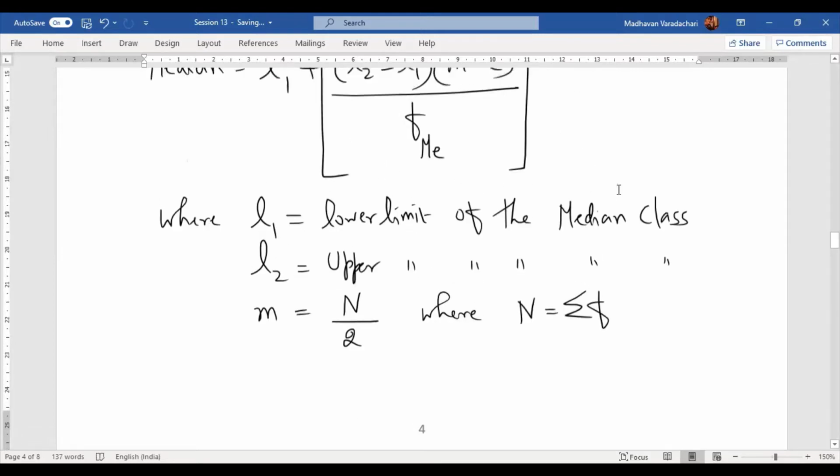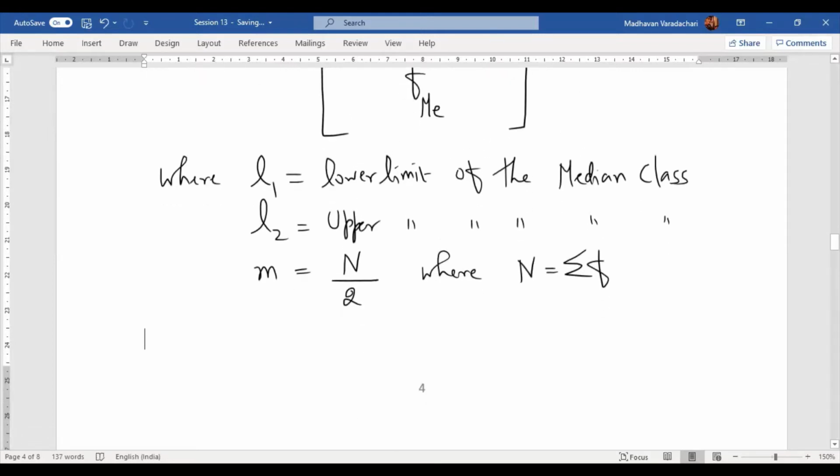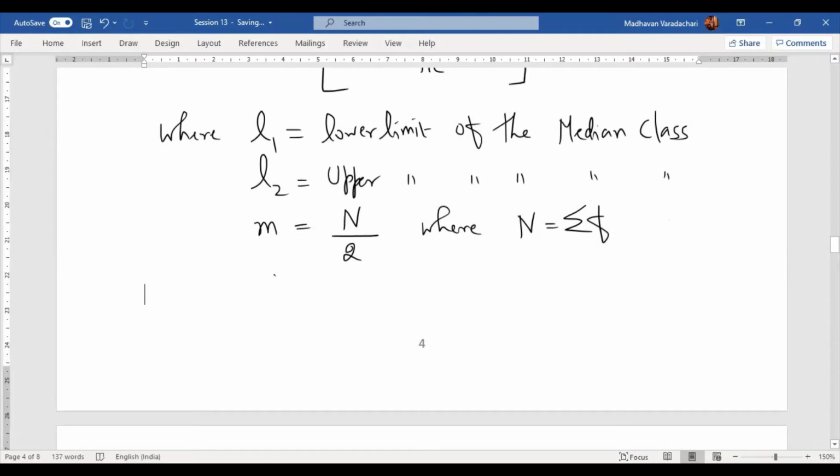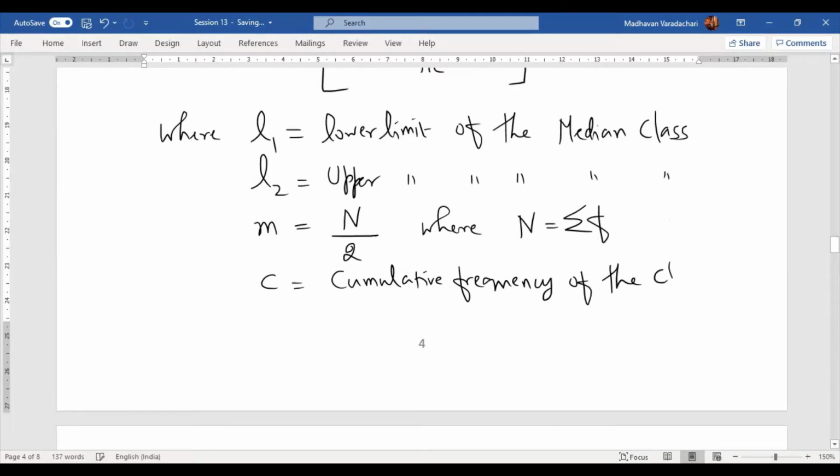And what else is left? C. C is cumulative frequency of the class preceding median class.